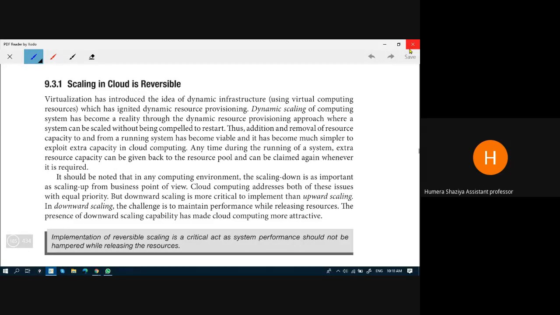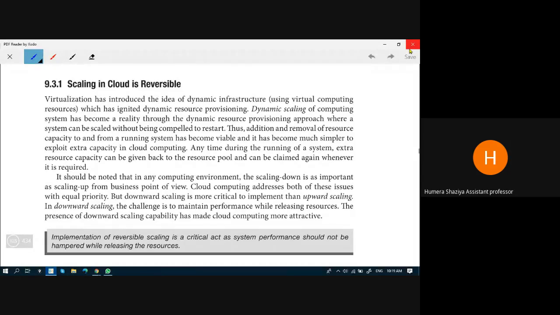So that is allowed in the cloud, and it is possible that the system state can be restored, the capacity can be increased or decreased, and the state is reversible, and it is dynamic.